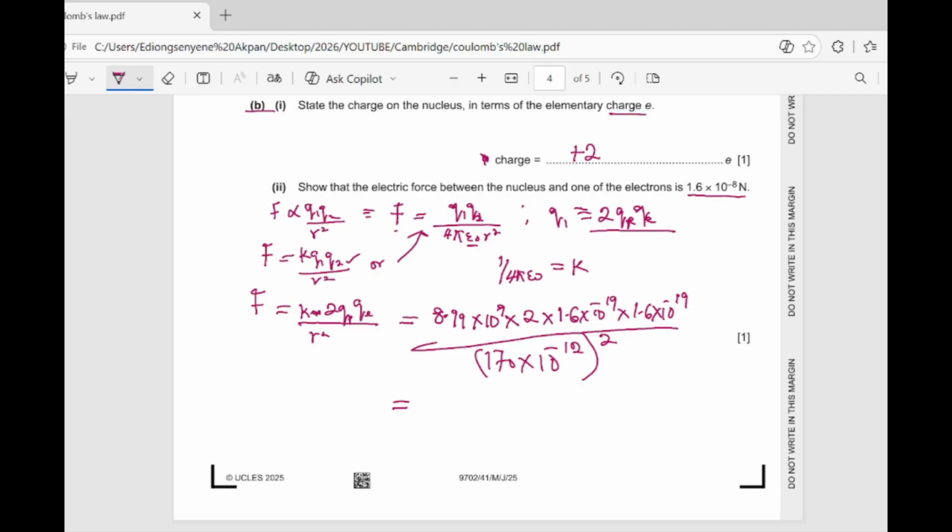This gives us 1.59 times 10 to the power of minus 8, which is equivalent to 1.6 times 10 to the power of minus 8.